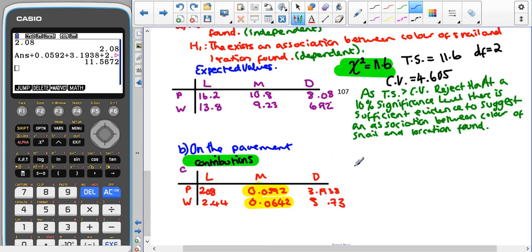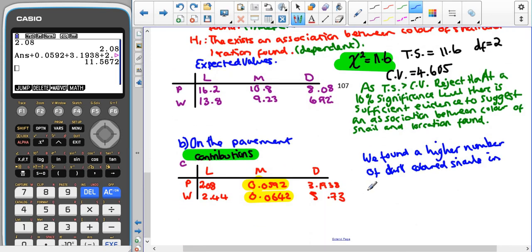So we found a higher number of dark coloured snails in the woodland than we were expecting. So we found 12, we were expecting 6.92.